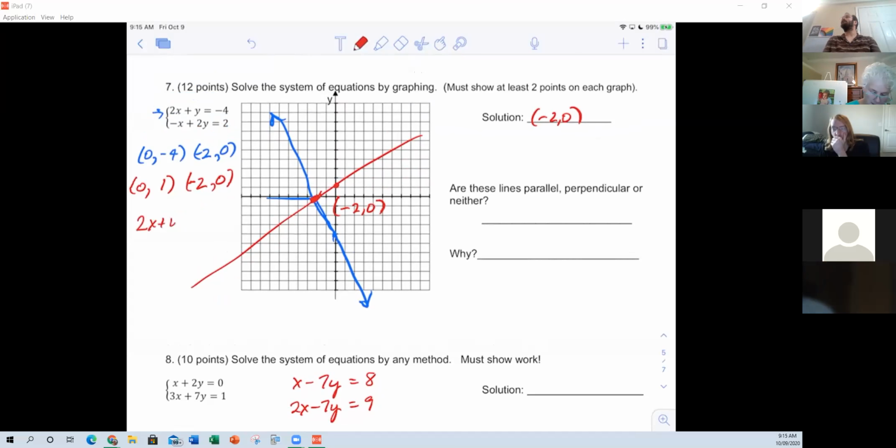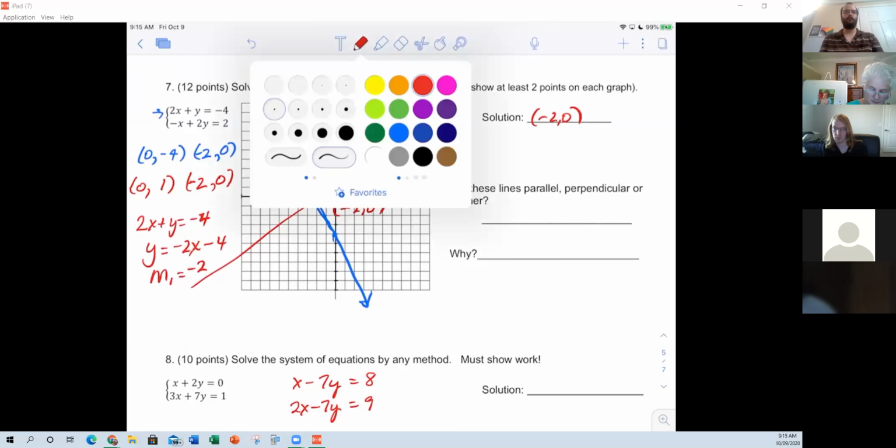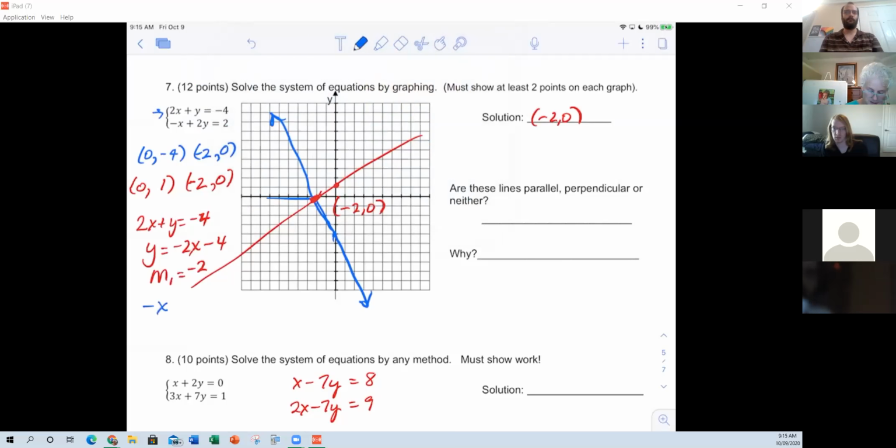2x plus y equals -4. So y would equal -2x minus 4. So the slope of the first line is -2. And the slope of the second line: -x plus 2y equals 2. 2y equals x plus 2.